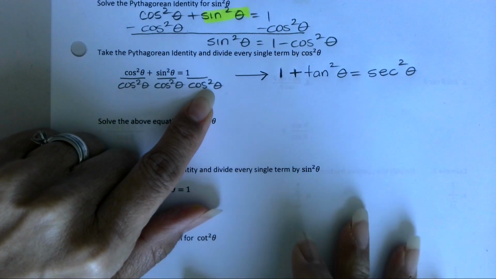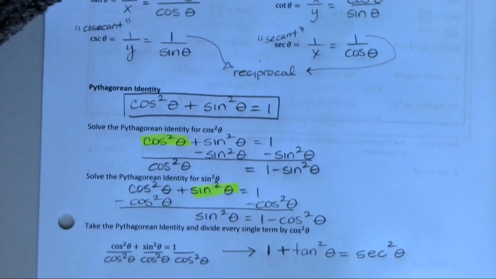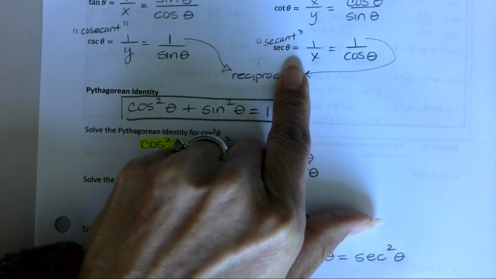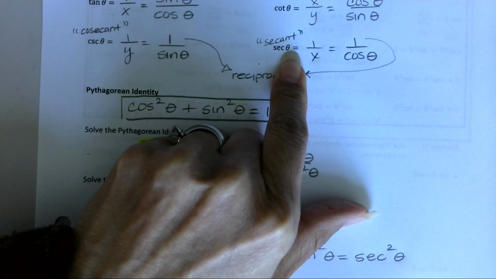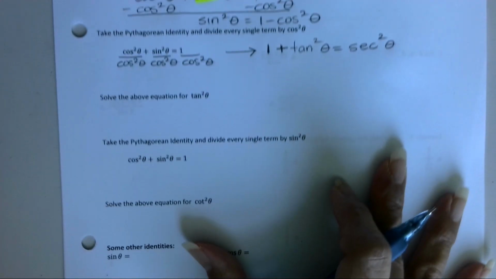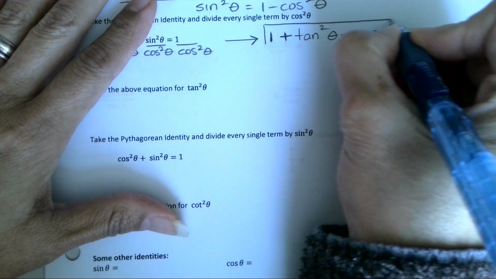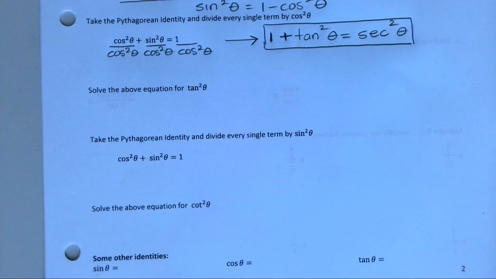If you don't know where that was found, if you go back upstairs, the 1 over cosine is secant. So if this one is squared, this one has to be squared. So this is going to be your second Pythagorean identity.